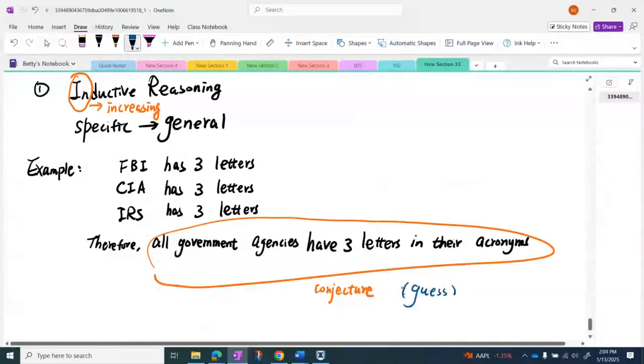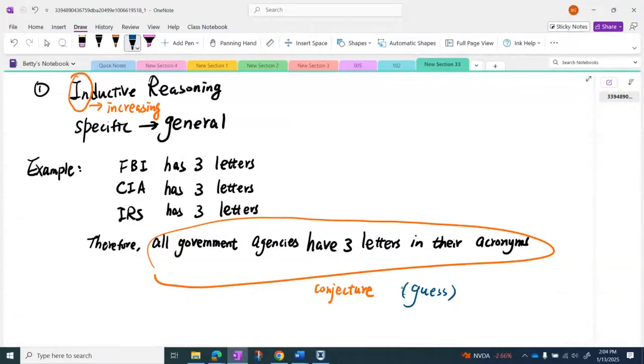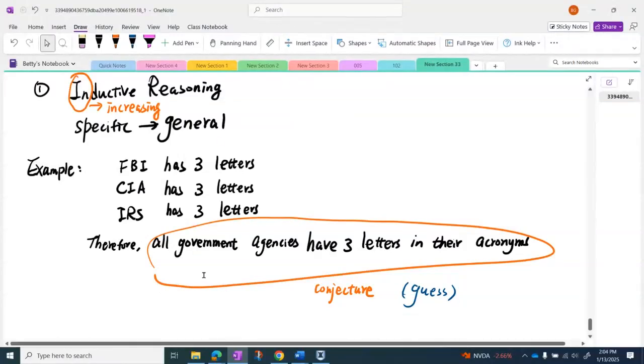FBI has 3 letters, CIA has 3 letters, IRS has 3 letters, so I guess all the government agencies have 3 letters in their acronyms, right? So the conclusion made by using inductive reasoning has a name, it's called a conjecture. By the way, do you agree with the conclusion here? Is that really true?